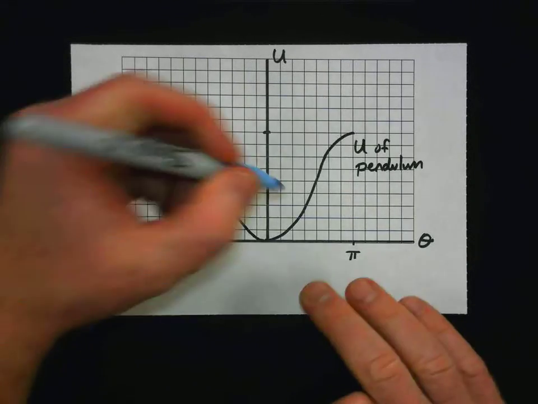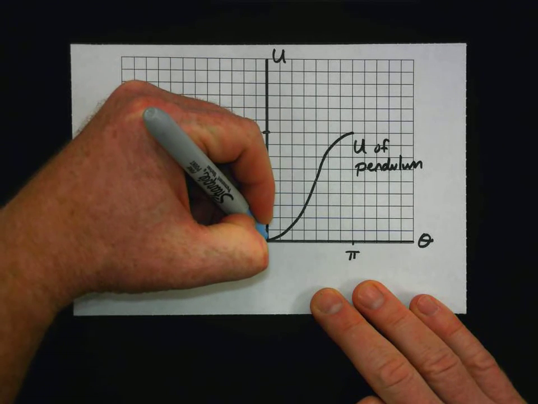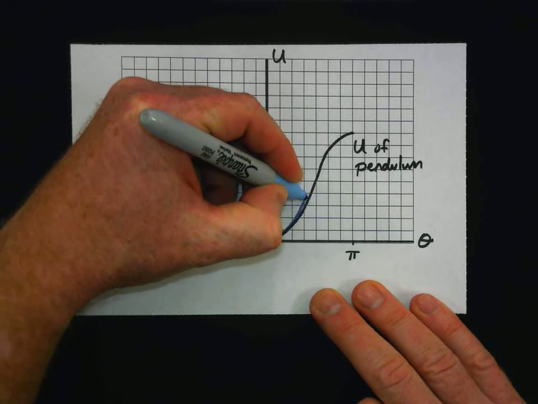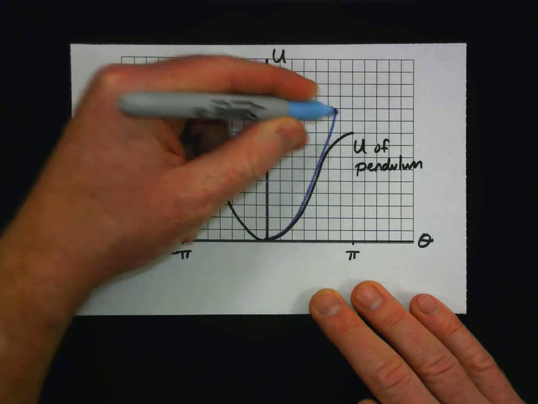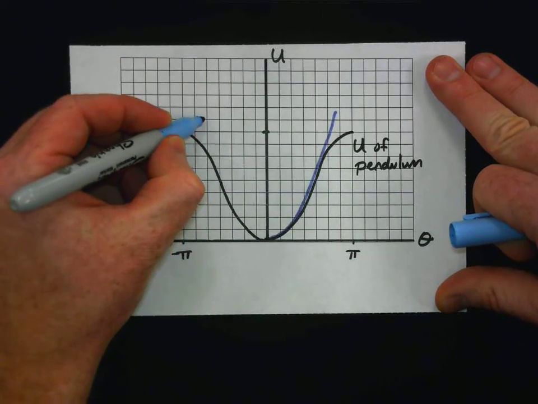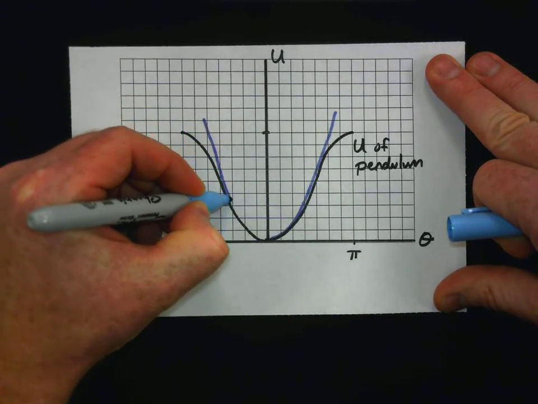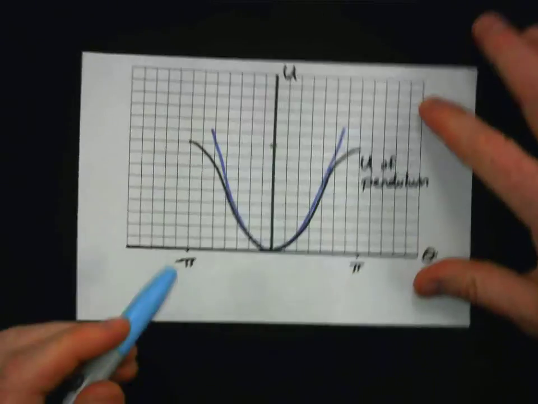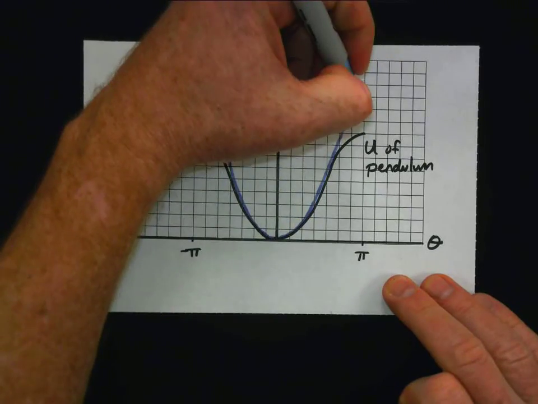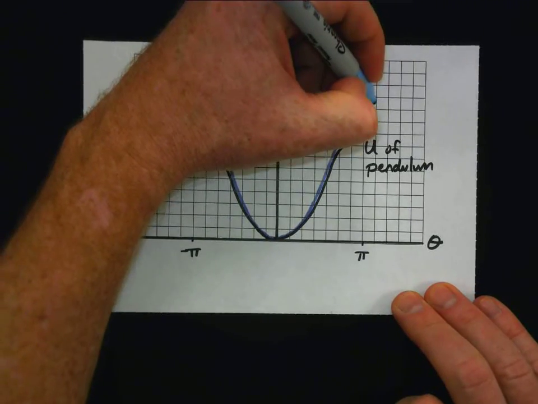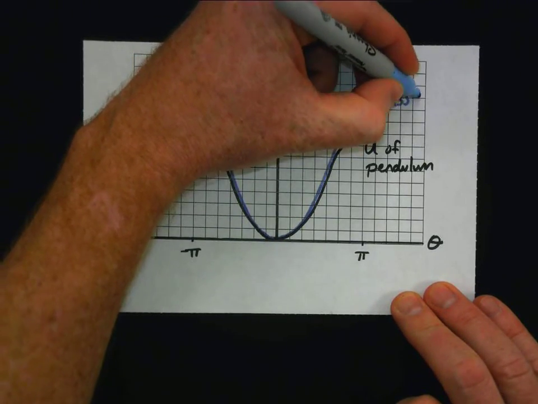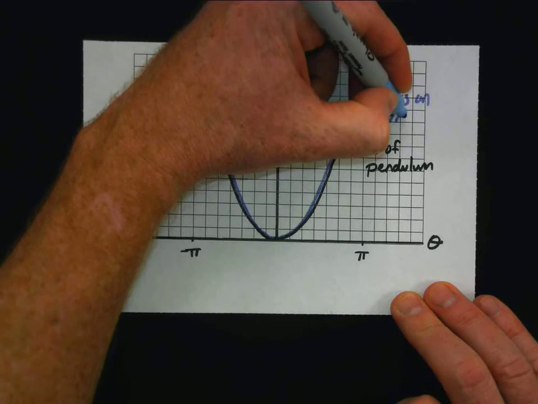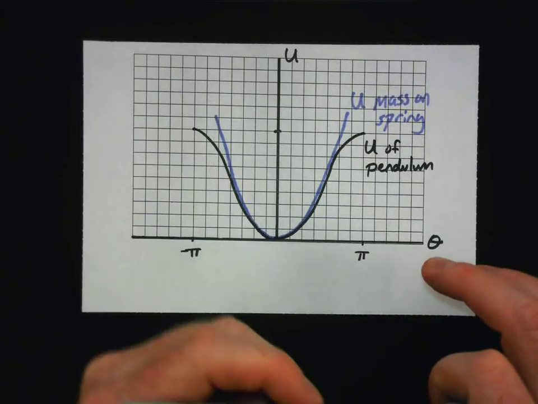And a parabolic shape would be something akin to this. And keep going, and it's not perfect, I'm sorry, but again, like this, and then it comes in, and they do have some things in common. But what you can see, this would be the potential energy of the mass on the spring, right?